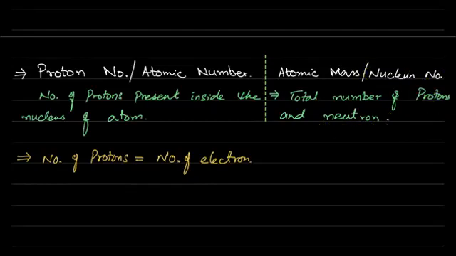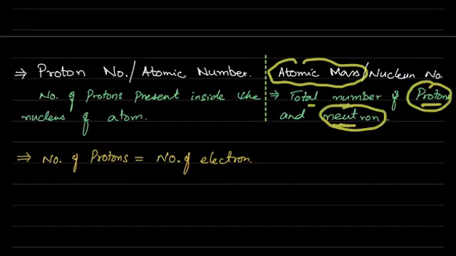So proton number or atomic number is the number of protons present inside the nucleus of an atom. Atomic mass or nucleon number is the number of protons and neutrons. Now, in atomic mass, why are we not considering the number of electrons? Technically, the number of electrons should be considered, but we are considering only neutrons and protons.